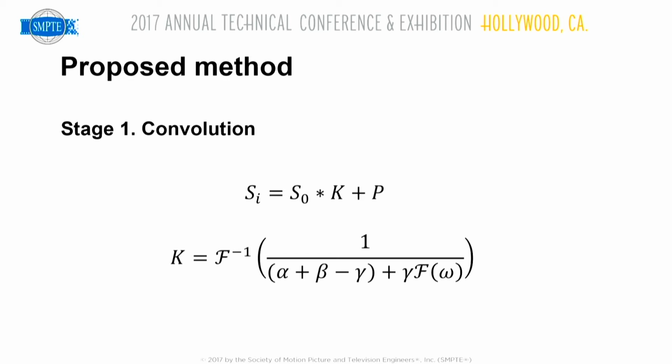The kernel K has that shape. Here in the kernel K, F stands for the Fourier transform. So K is the inverse Fourier transform of that ratio, where alpha, beta, and gamma are constants, and W is the two-dimensional kernel.